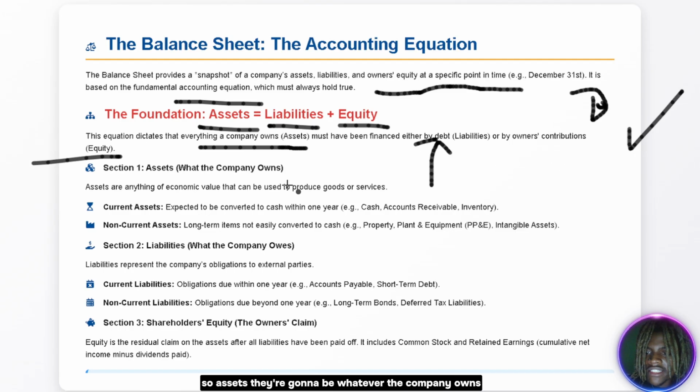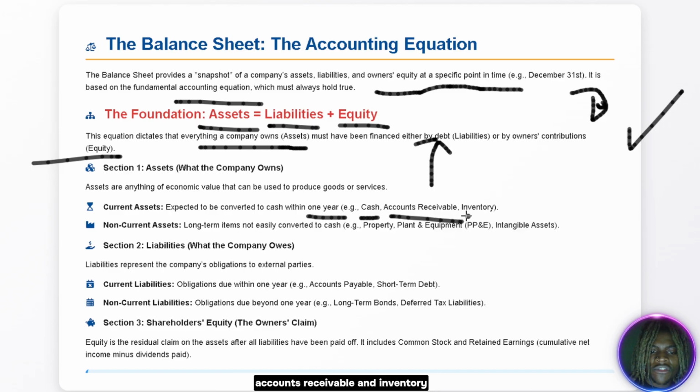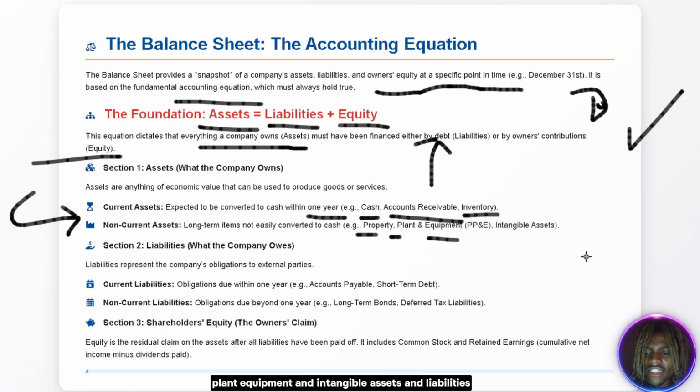So assets are whatever the company owns. Assets are anything of economic value that can be used to produce goods or services. Current assets are expected to be converted to cash within 1 year, for example, cash, accounts receivable, and inventory. And non-current assets are long-term items that are not easily converted to cash: property, plant, equipment, and intangible assets.